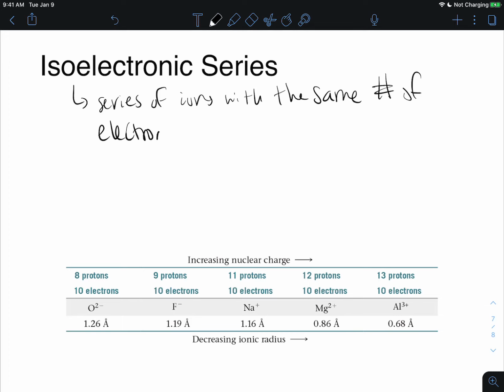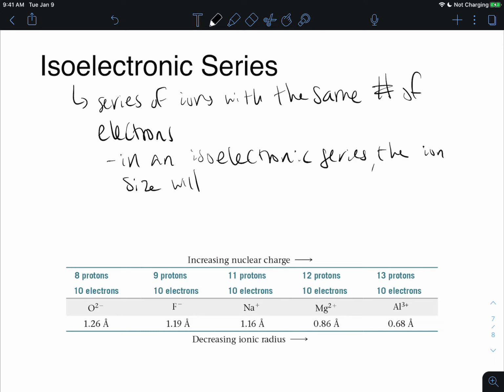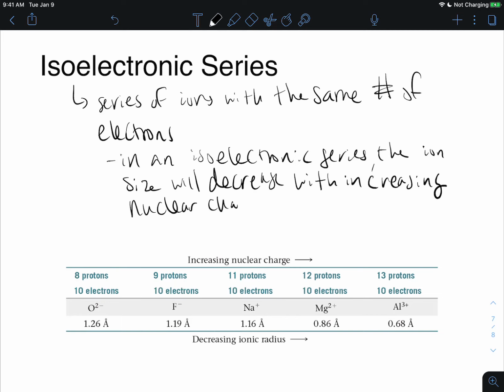So what happens in an isoelectronic series, the ion size will decrease with increasing nuclear charge and effective nuclear charge. So let's look at this 10 electron isoelectronic series.